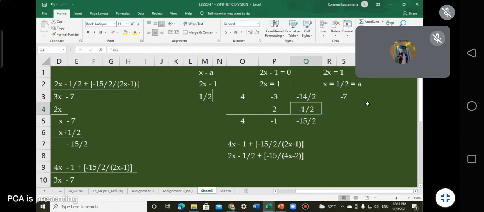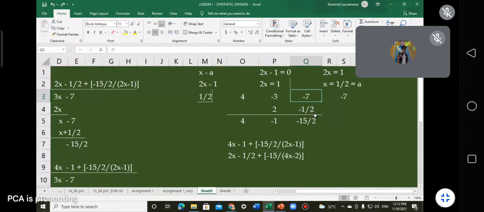Tama ba si Sir Romel? Okay, this is -7. Your -7 is actually -14 over 2. And then, why am I changing the denominator? Because I cannot add -7 and negative 1/2 like that. So I'm changing -7 into -14 over 2. How is that again? 7 times 2, it's 14.